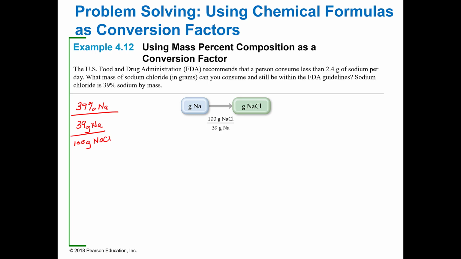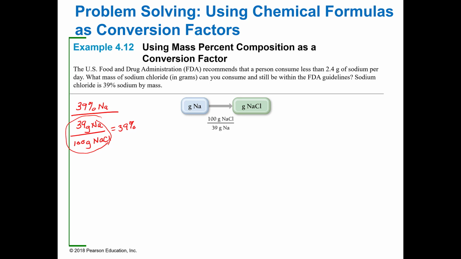It's how many out of 100. So 39 grams of sodium out of 100 grams is the same thing as 39%. But when we write it like this, that allows us to use it as a conversion. All right, so from now on when you see percent, think of it in those terms, okay?